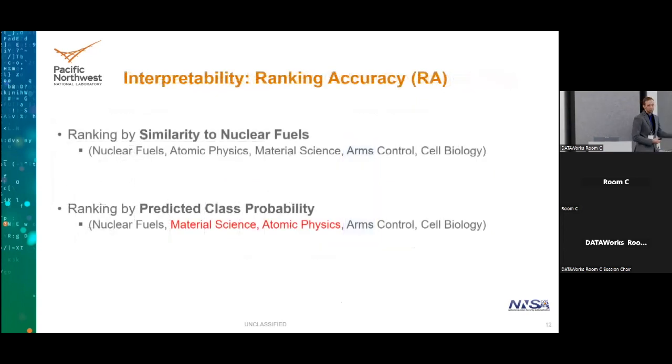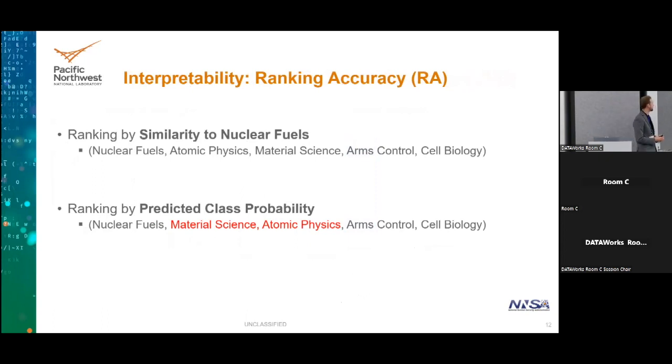All right, and the last thing that I mentioned was interpretability. A metric for measuring interpretability is the ranking accuracy. Do the rankings of the predicted classes match what they should be for that article?